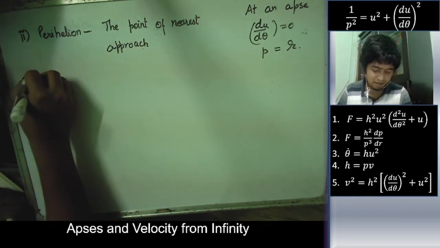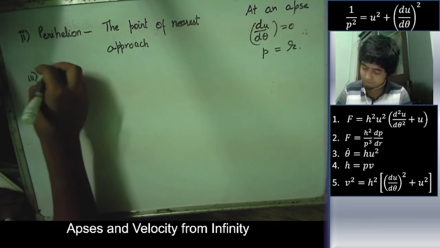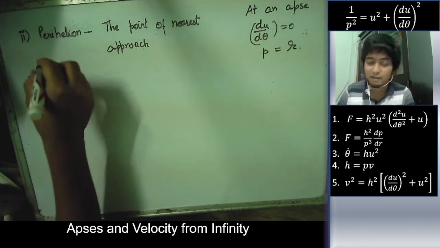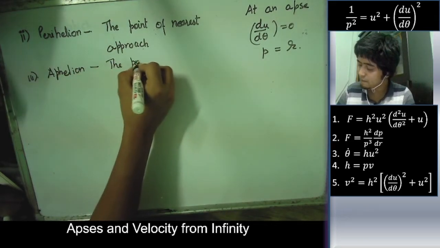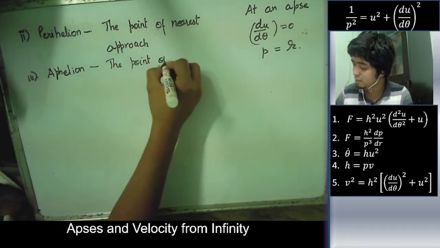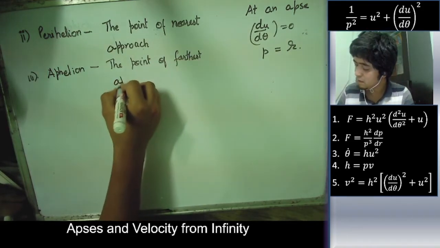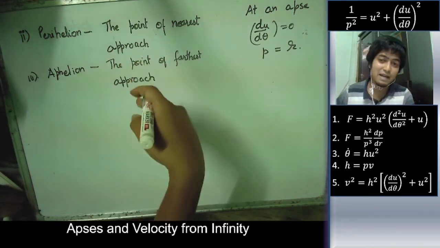Number 3, the aphelion. Aphelion is the point of farthest approach. So both of them are in fact apses.